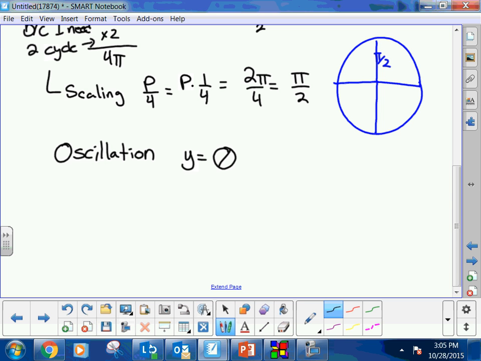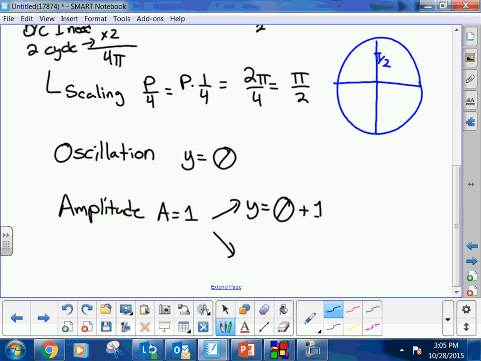The amplitude is going to be the value a equal to 1, which means that from the midline, from the line of oscillation, the other two horizontal lines are, you're going to take what you found for the oscillation and add the amplitude, which means you'll get y equal to 1 as being the line on top.